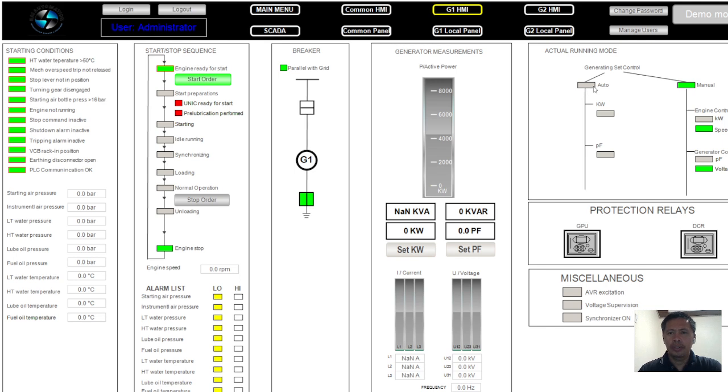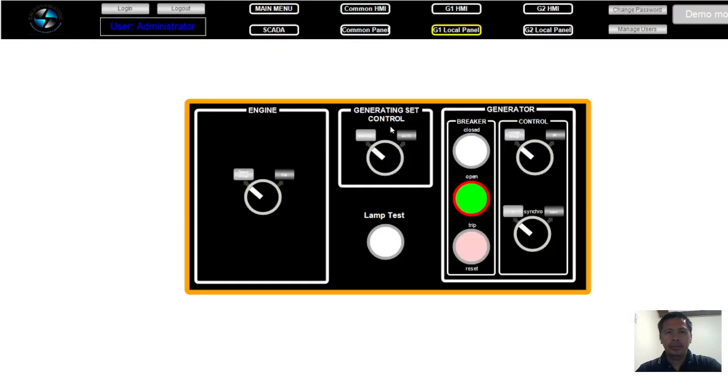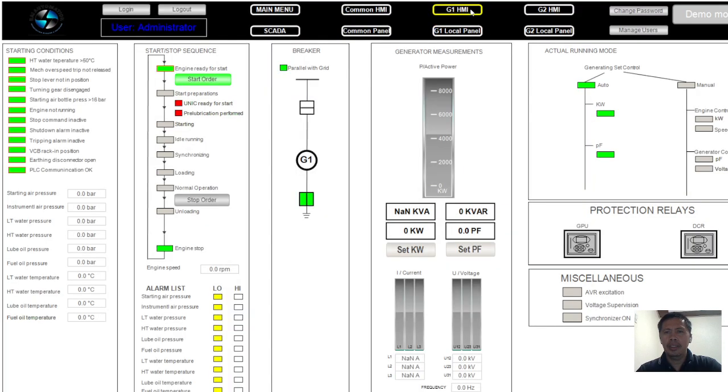We will change this to auto mode at the generator one local panel. So we can switch this to auto here. Going back to the HMI now, generator set control is set to auto.